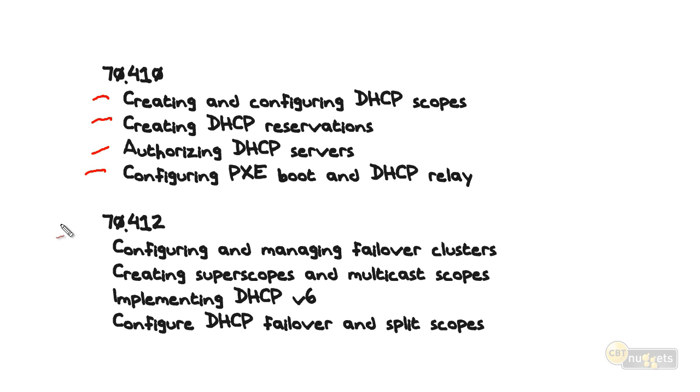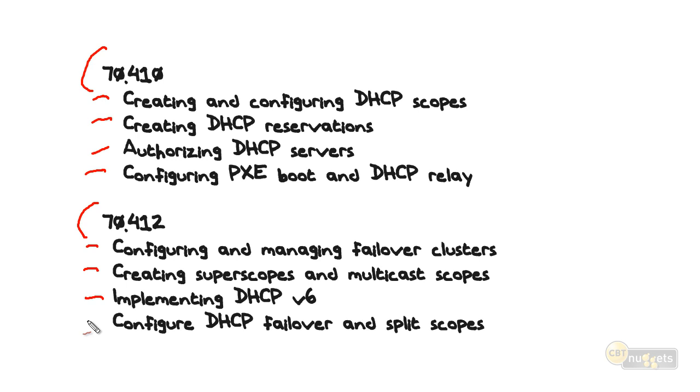If you're not familiar with those tasks, just watch the nuggets that are available for the 70-410 exam. Also, you should already be familiar with configuring and managing failover clusters, and then within DHCP, creating superscopes and multicast scopes, and the basic implementation of DHCPv6. You can find all those topics in the nuggets that are available for exam 70-412.